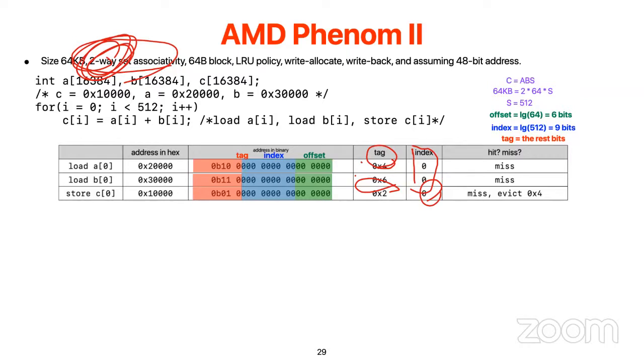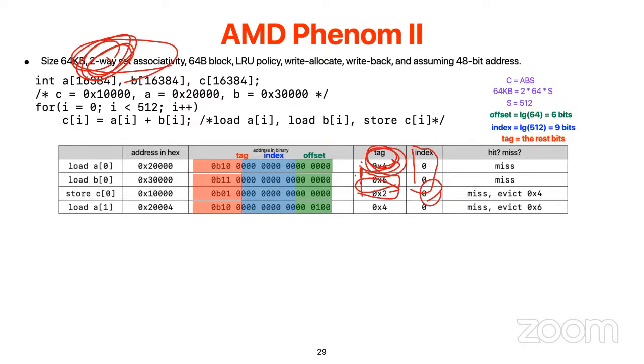Now you have 6 and 2 in your cache at index 0. Go back to this address. Aha, this is tag 4, index 0, and tag 4 was previously there. So it's a miss and evicts 6.